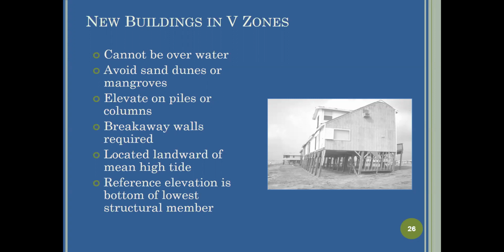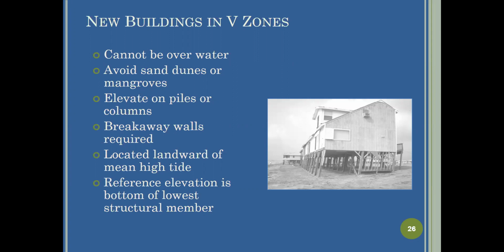You can't be cutting down sand dunes in order to build a structure in a V zone. It has to be elevated on piles or columns. If you do have walls, they have to be engineered as breakaway walls. And the handbook gets into more detail on that. Before you get to the base flood elevation in a V zone, that wall needs to fail.